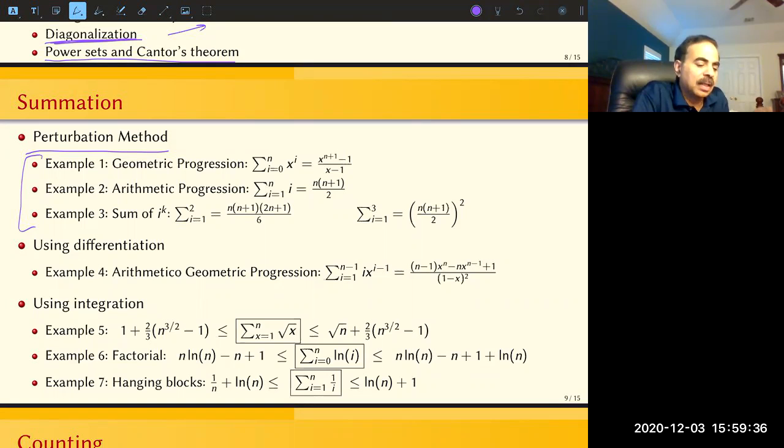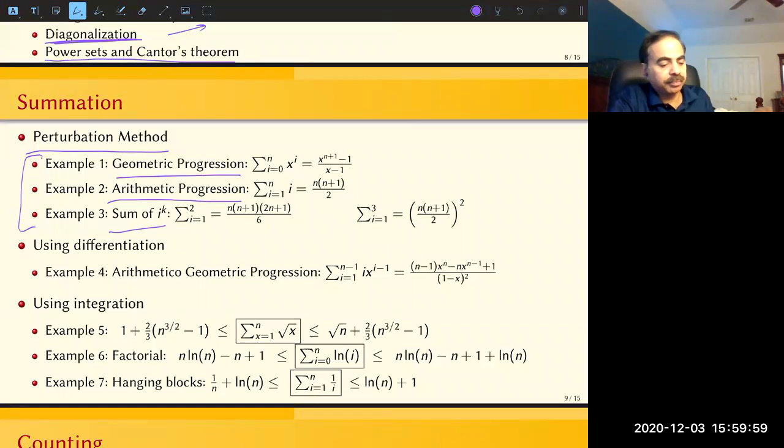It's more of a strategy to search for how you could compute a sum rather than an exact method. But using that method, we proved how to do geometric progression, arithmetic progression, sum of i to the power k, and so on. And all of that is something that you can keep in mind.